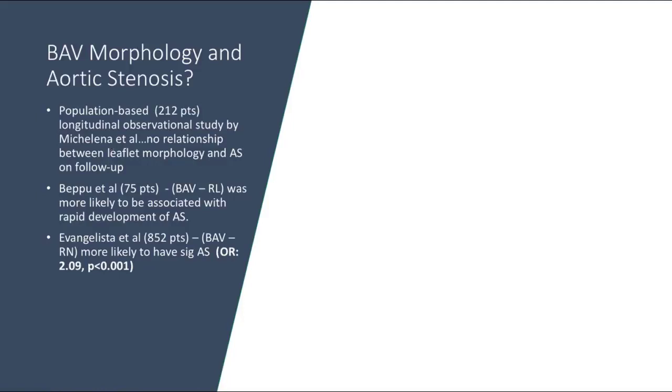In a smaller study looking at about 75 patients, a little bit of an older study, they found that fusion of the right and left coronary cusp was more likely to develop rapid and aggressive aortic stenosis, whereas a more recent study published in Heart by Evangelista, probably one of the bigger studies, found that fusion of the right and non-coronary cusps seemed to correlate with higher risk of AS.